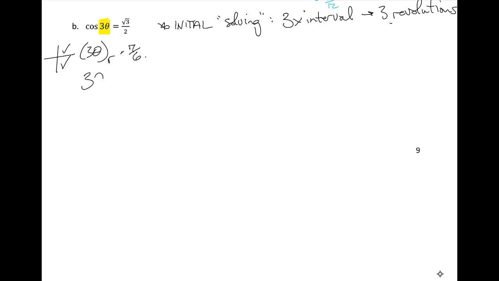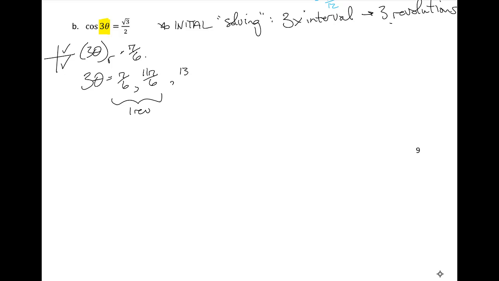So when I talk about 3 theta, I'm going to be talking about angle in quadrant 1, so pi over 6. And I'm going to be talking about 2 pi minus pi over 6, so that's 11 pi over 6. But that's only for 1 revolution. Then I've got to go around again.